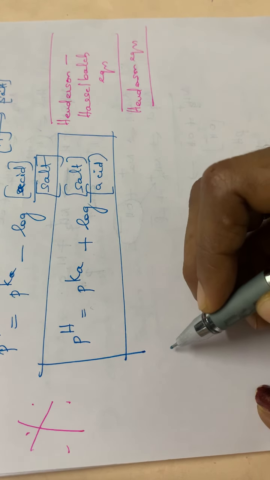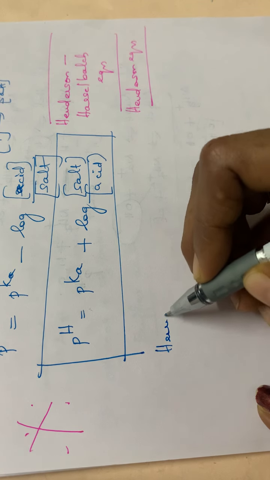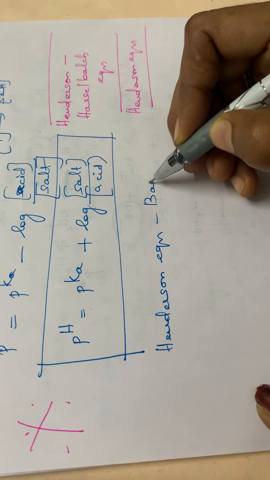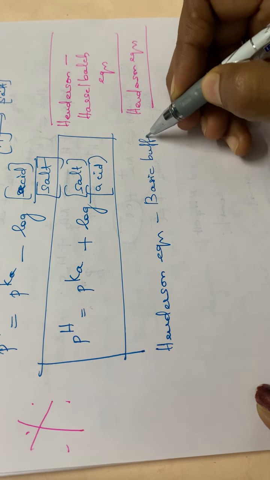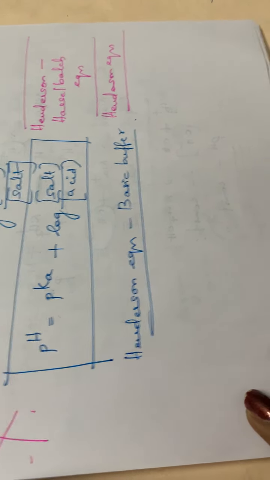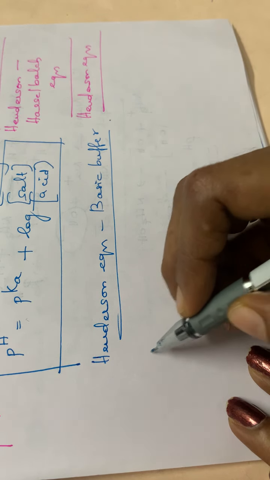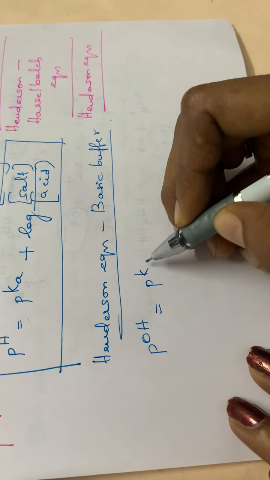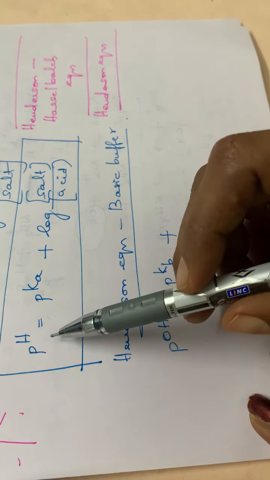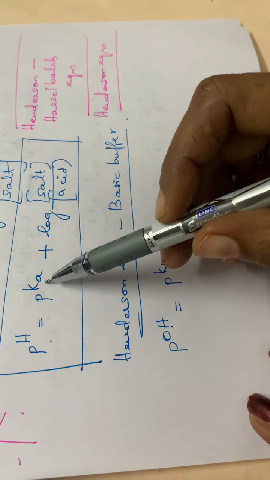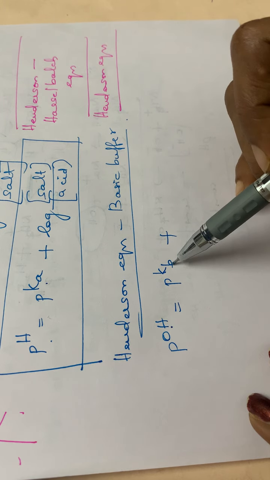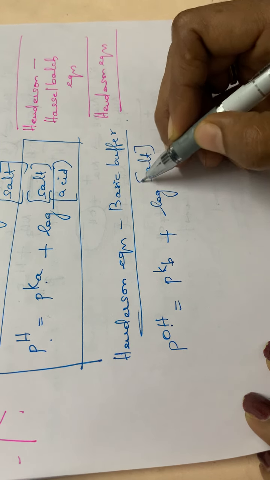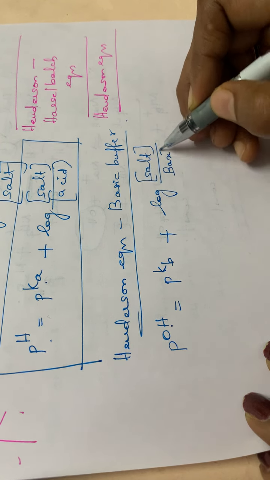Similarly, the Henderson equation for a basic buffer. Basic buffer means normally we represent it as pOH, isn't it? pOH is equal to pKb plus log concentration of salt divided by concentration of base.